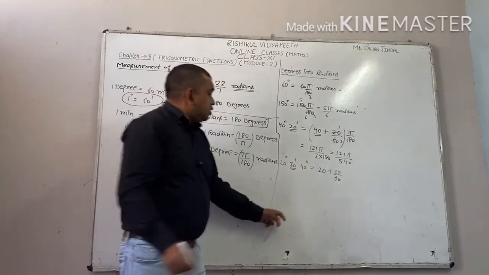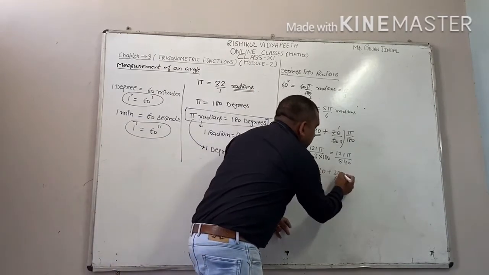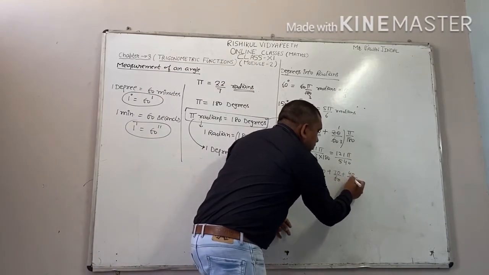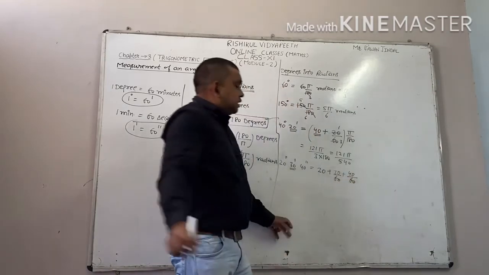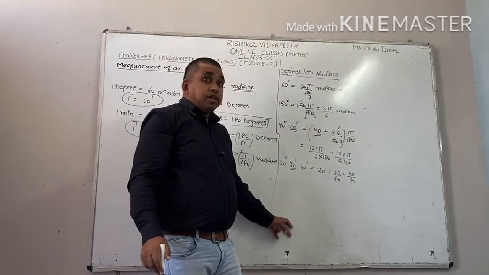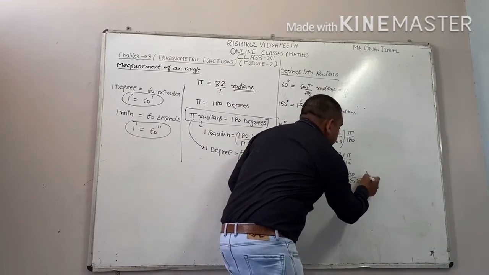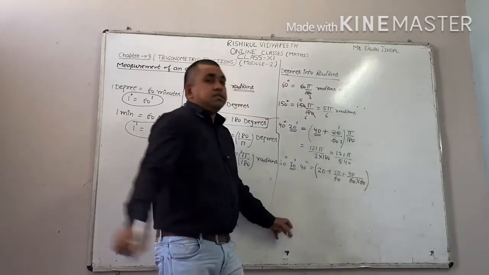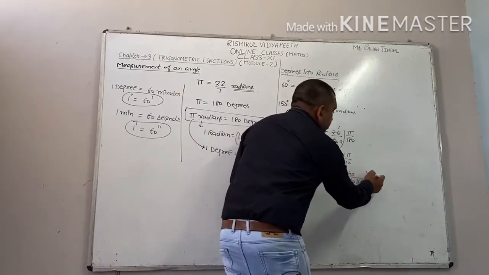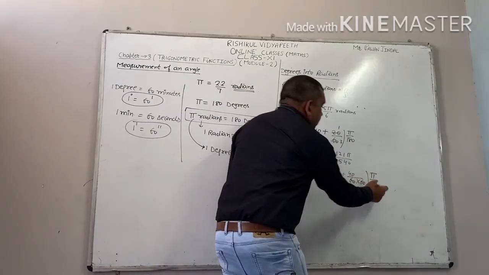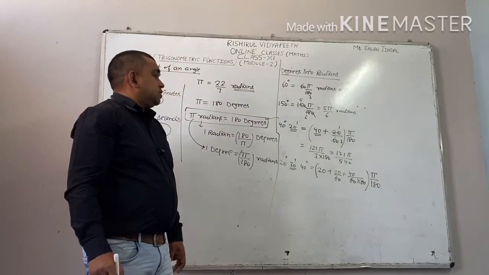Now this 40 seconds: first of all divide by 60, this is 40 by 60, this is minutes. Now again divide by 60, this will convert into degrees. Now this complete is in degrees. Multiply by pi upon 180. This will convert into radians.